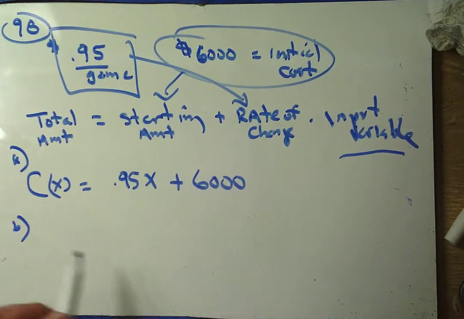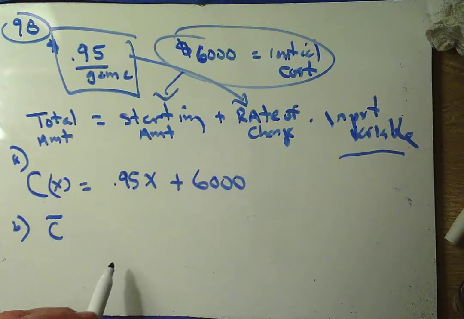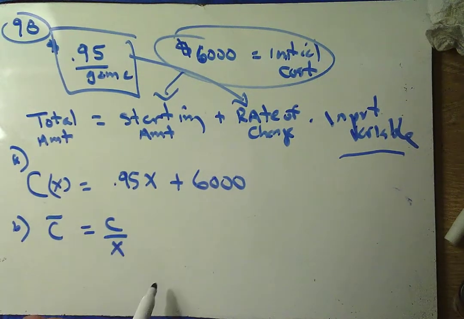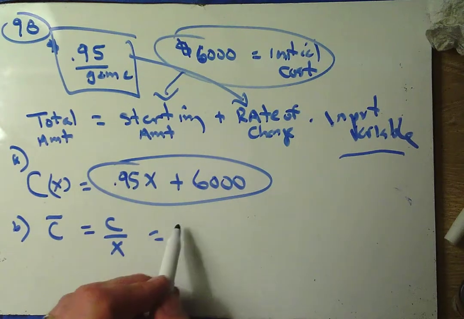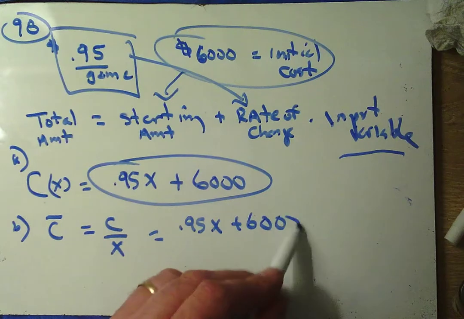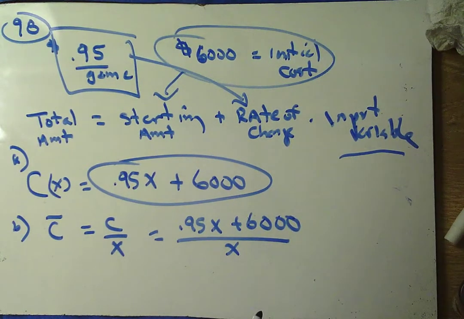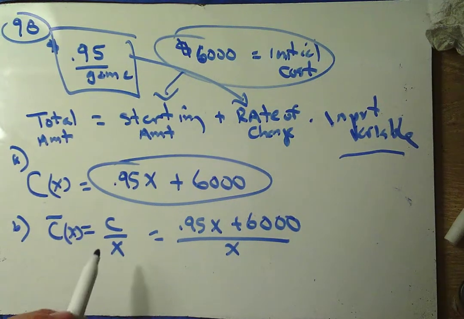What about part B? Part B says, write the average cost per unit, C bar. And they then go on to tell us that C bar equals C over X. Well, we just found C in part A. So 0.95x plus 6,000 over X. And there's my average cost as a function only of X stuff, right?